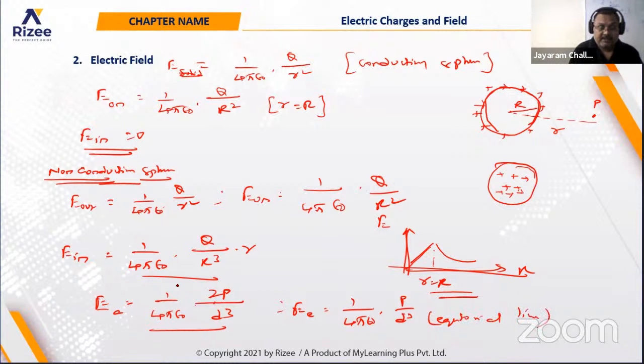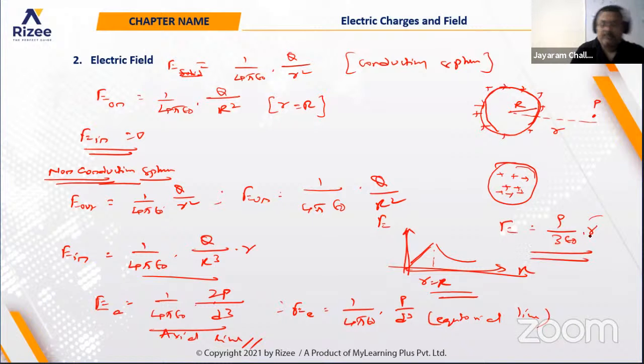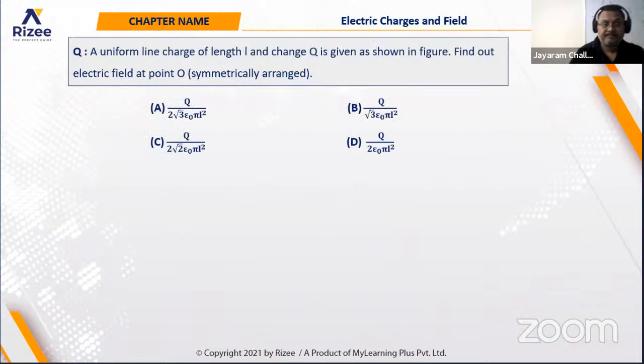So these are the different formulas or relations you can have. The electric field inside a non-conducting sphere can also be written as rho by 3 epsilon naught into small r. Generally, this formula is regularly utilized. These are the different concepts regarding the electric field.